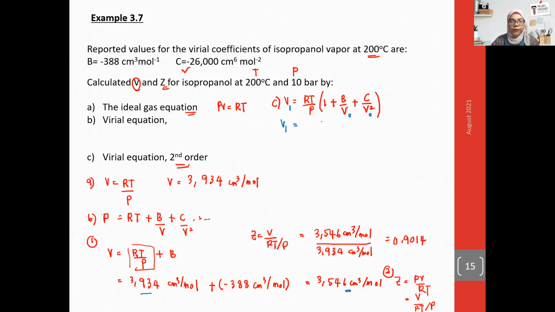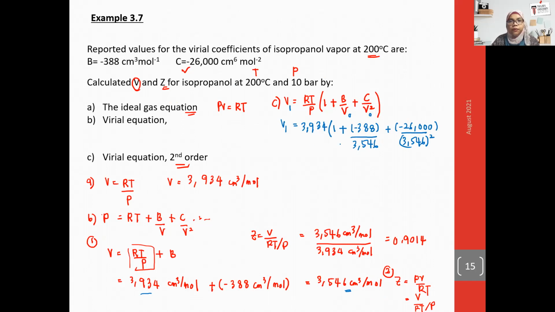So RT over P, you may use this. And then we can have 1 plus B, you can insert this, 388 over V naught here, and then plus C over V naught square.